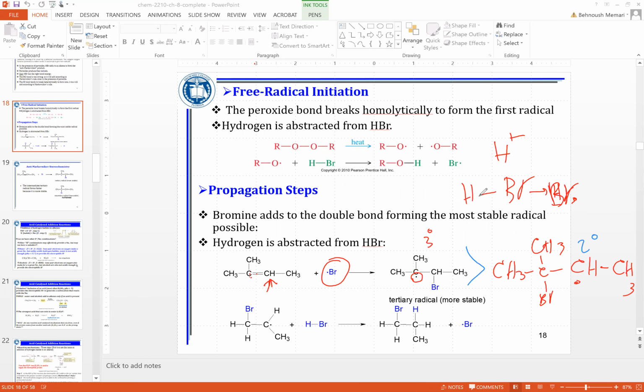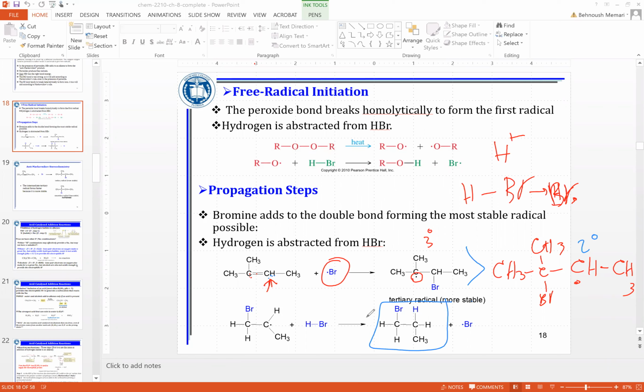and as a result, we can see that the Br free radical is going to attach to a carbon with the greater number of hydrogen. This does not follow the Markovnikov rule, but the intermediate that is forming is going to be more stable because it gives us a tertiary radical. This product is known as the anti-Markovnikov product.